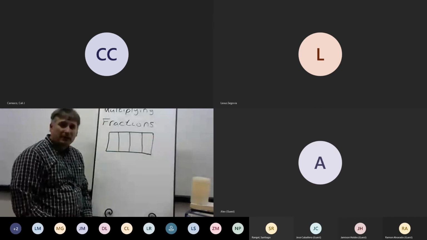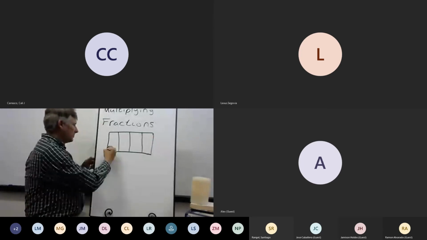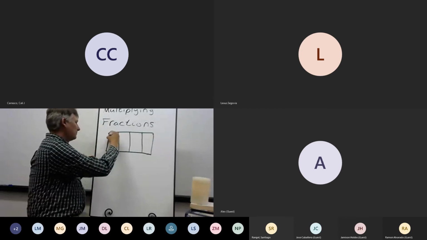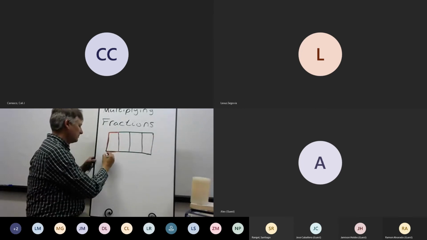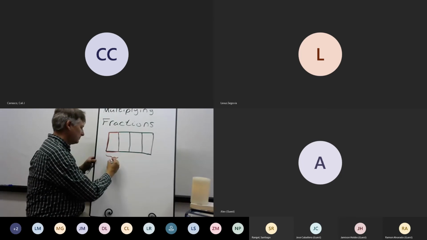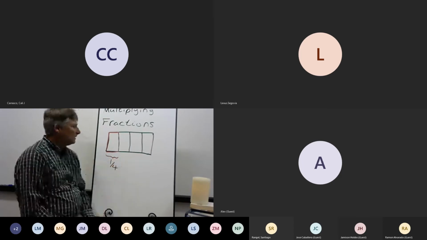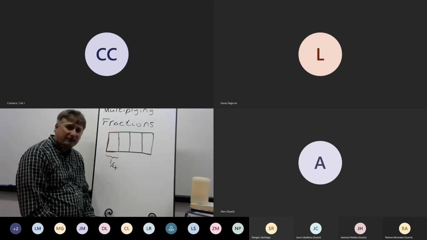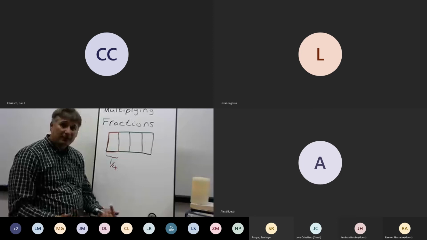So here we have something divided into fourths. So here's a fourth. Now we want to know what half of that is. So to figure that out, let's divide it in half.